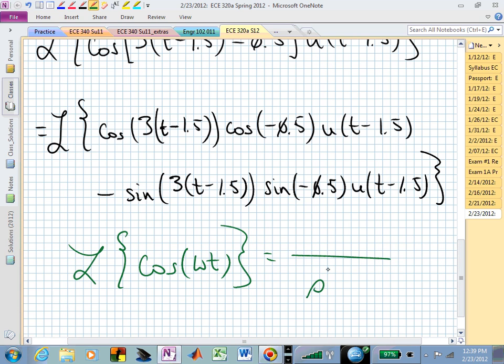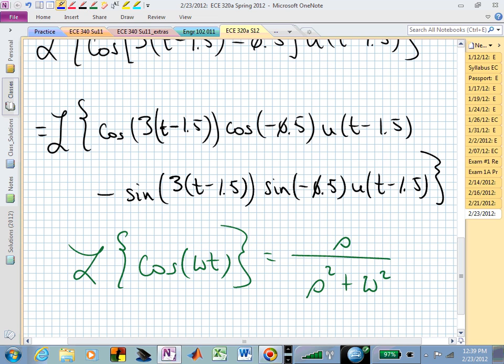That's going to be s squared plus omega squared, because you know that the roots of that should be complex. They should be on the imaginary axis. You should end up with roots at plus and minus j omega if you have a sinusoid, cosine or sine. And that's what you're looking for there in the transform. The cosine actually ends up with the s on top.